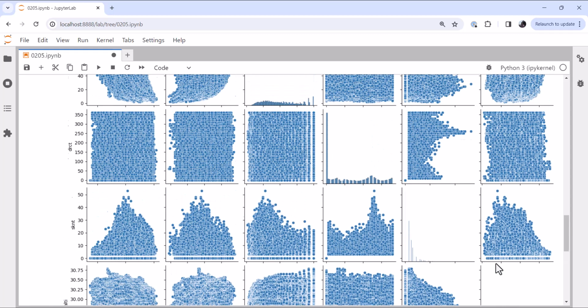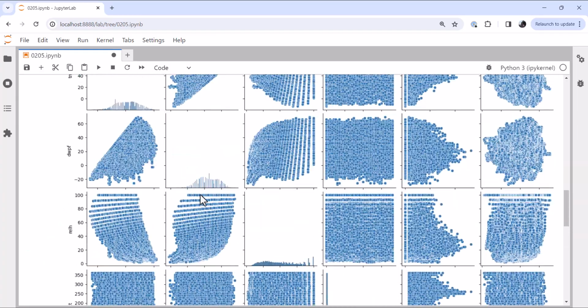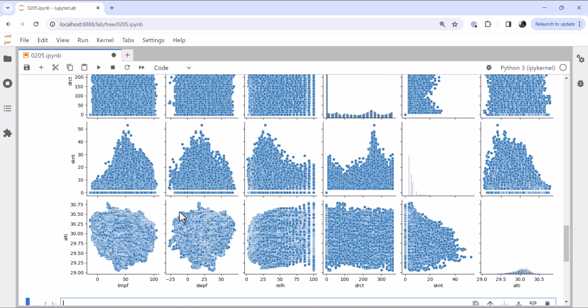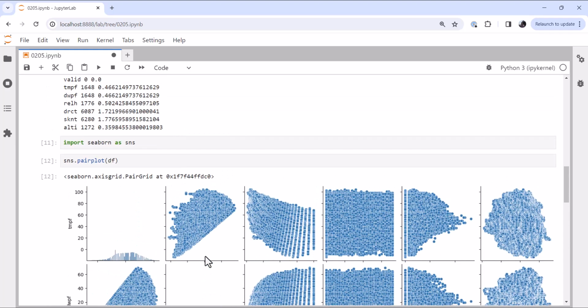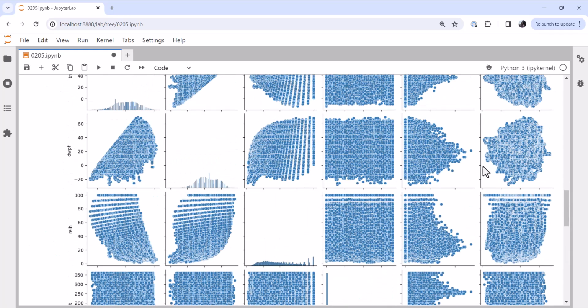What about on the cross plots? Looking here, we've got temperature against dew point, and we see a pretty clear one-to-one line, where for a given dew point, say a dew point of 25, we have temperatures that are 25 and above, which makes sense. Let's see, what other interesting relationships do we see? Temperature and, what's this, wind speed.